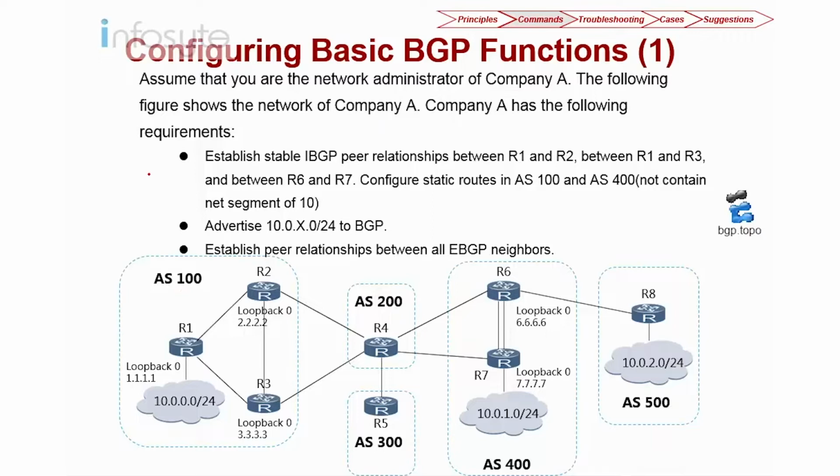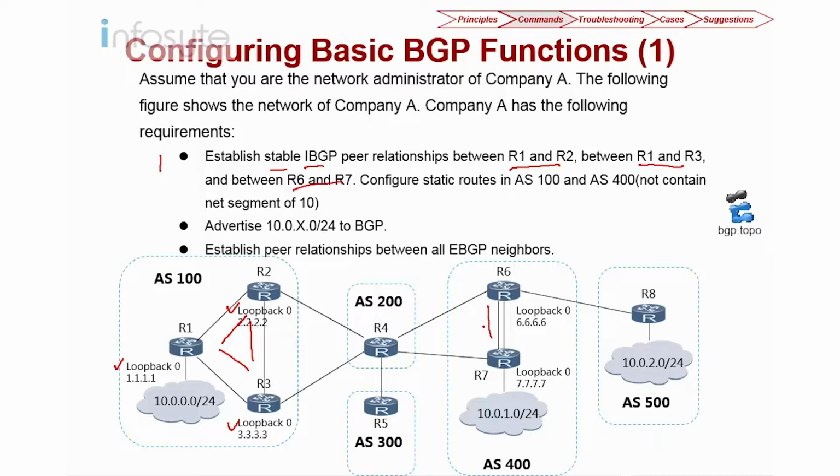So some of the requirements first. Establish stable IBGP. When the question asks for a stable IBGP, basically they are referring to the loopback. So we are going to use our loopback to do the peering between R1 and R2, R2 and R3, and R1 and R3, as well as R6 to R7.